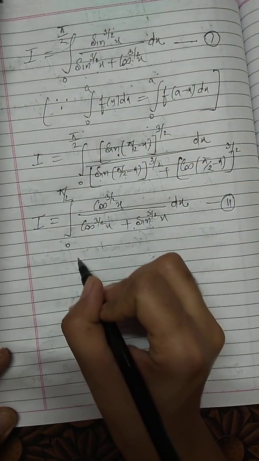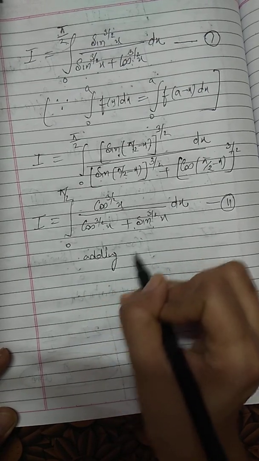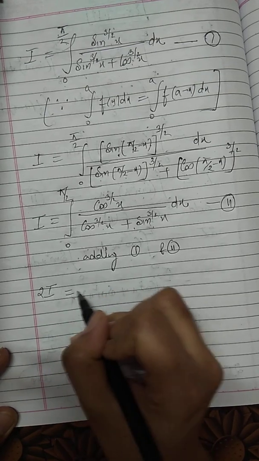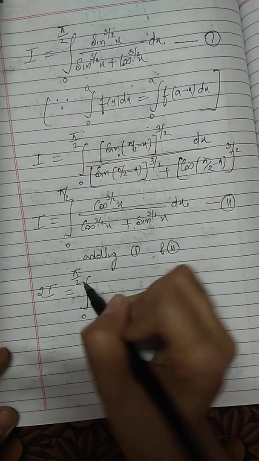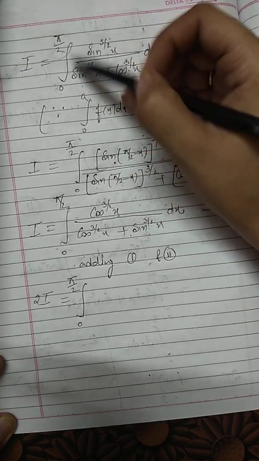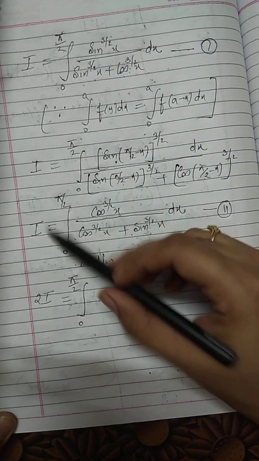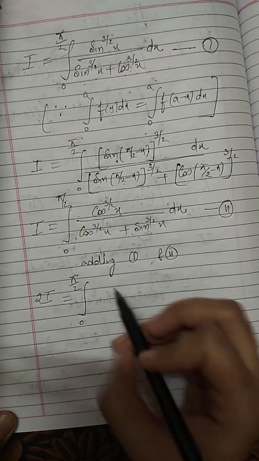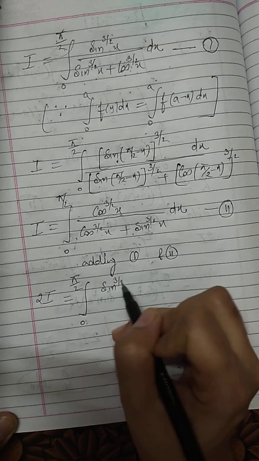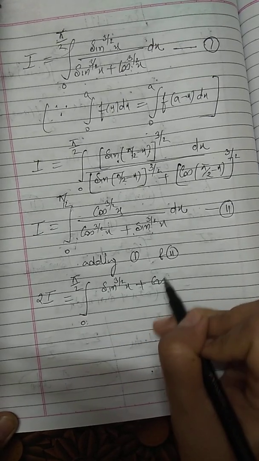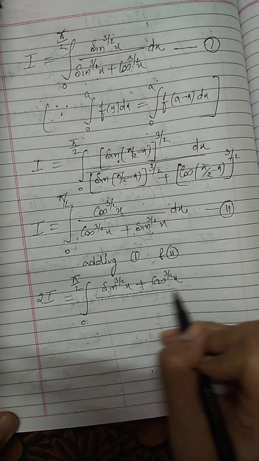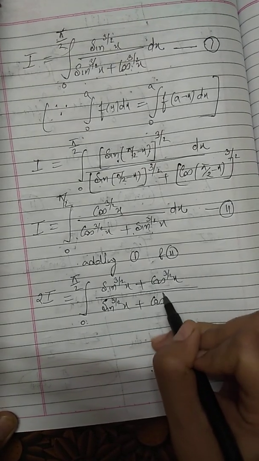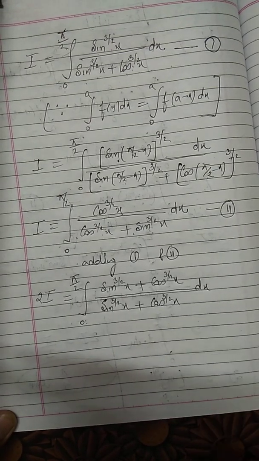So adding 1 and 2, the left hand side will become 2I. This integral has limits 0 to pi by 2, and our second integral also has limits 0 to pi by 2, so they can be added under the same sign of integration, and we get sine raised to power 3 by 2 x plus cos raised to power 3 by 2 x, whole divided by sine raised to power 3 by 2 x plus cos raised to power 3 by 2 x, dx.